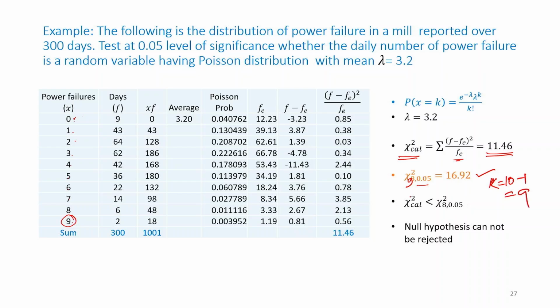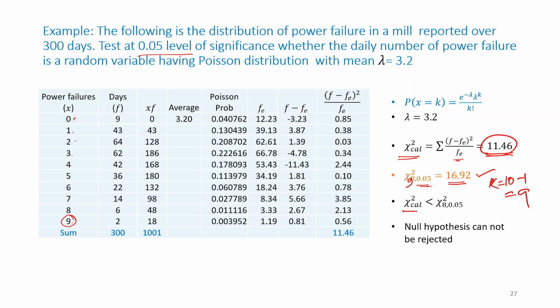So if we go to the table and find out the chi-square value at degree of freedom 9 and level of significance 0.05, because it is given here 0.05. Someone can say 0.01, someone may say some other value, that is any value that can be chosen. So this value is 16.92, and by calculation we have got a figure 11.46.